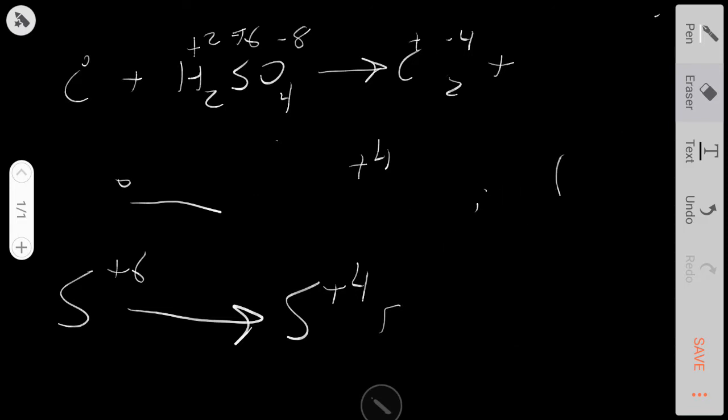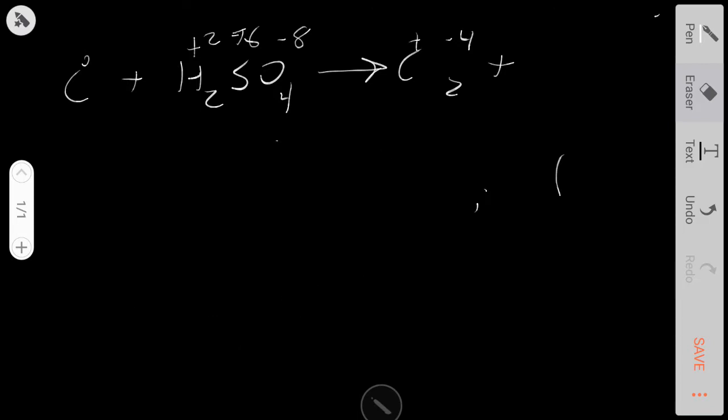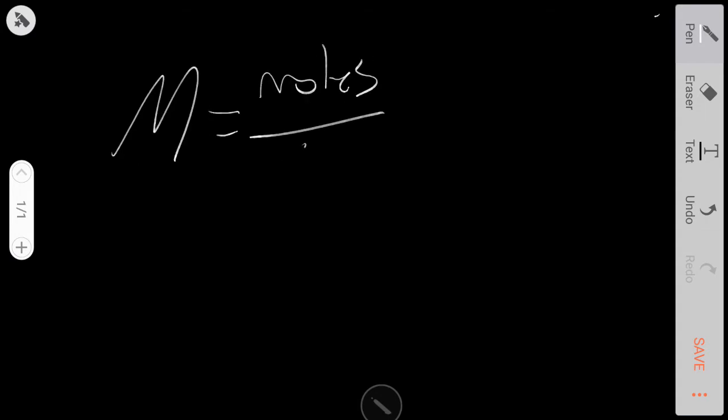So now we're on number 15. We're almost done. The rest of these kind of just go with the flow. You know what I'm saying? They're pretty quick. In this, you must remember that in number 15 at least, molarity is equal to moles per liter.